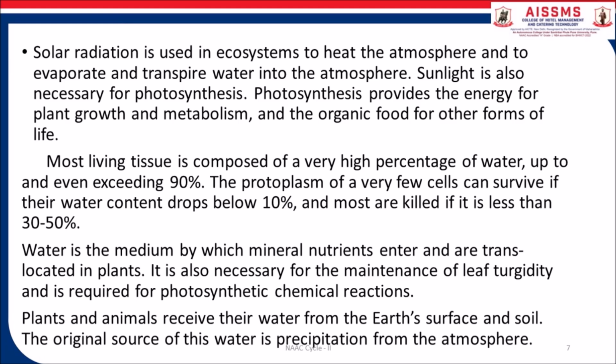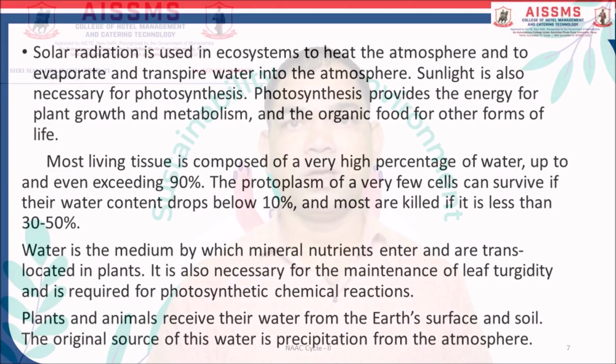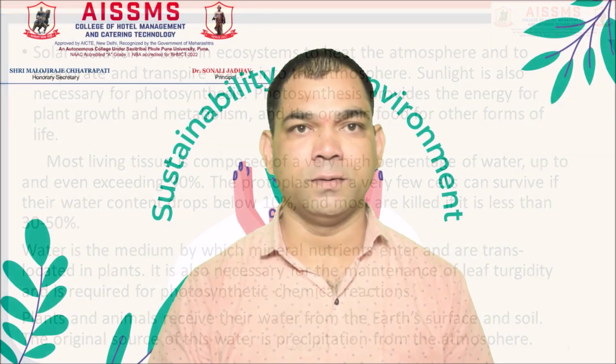It is also necessary for the maintenance of leaf turgor and is required for chemical reactions. Plants and animals receive their water from the earth's surface and soil. The original source of this water is precipitation from the atmosphere.